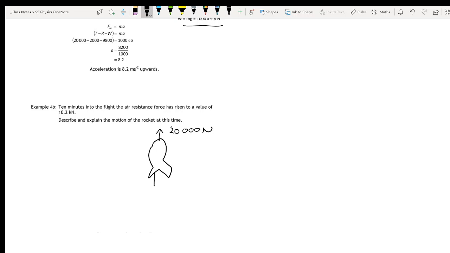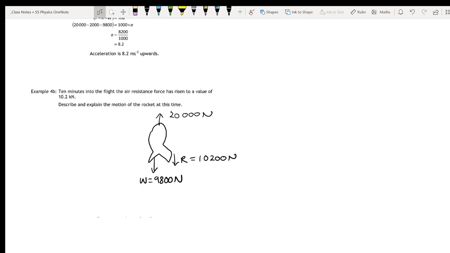The weight hasn't changed, so the weight is still 9,800, because it's still the same mass. But we've now got a resistive force of 10.2 kilonewtons, so 10,200 newtons.